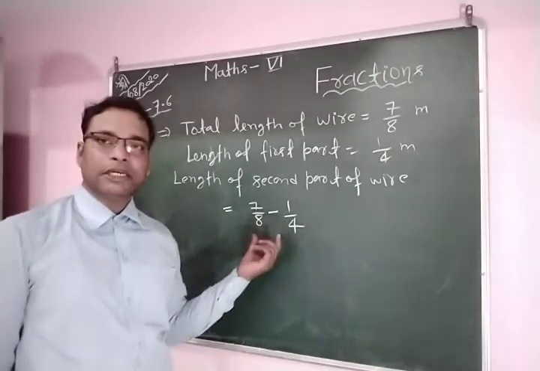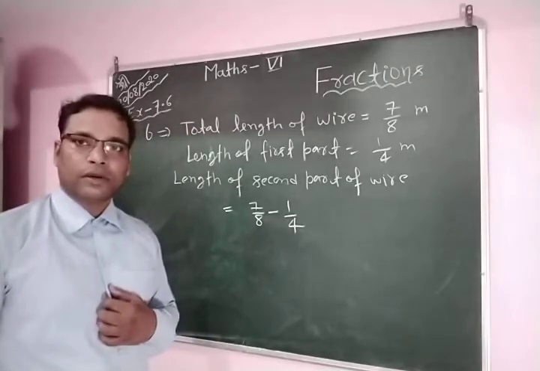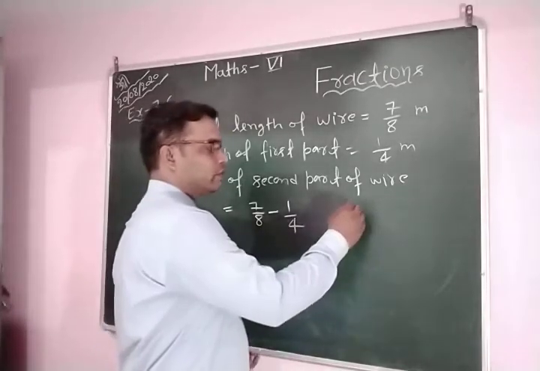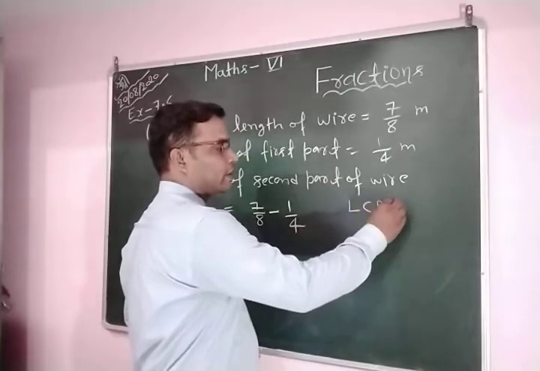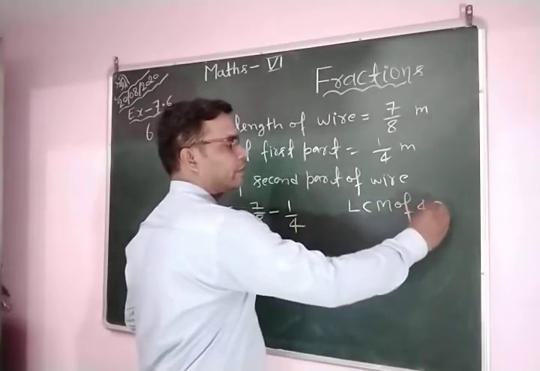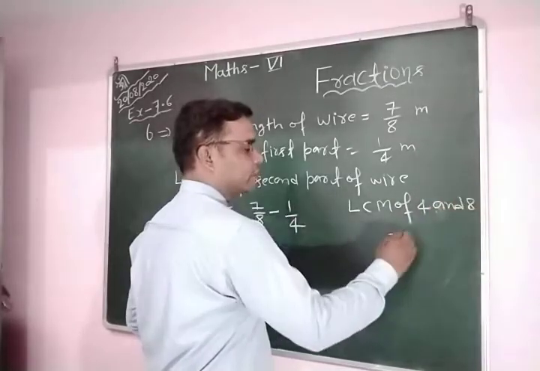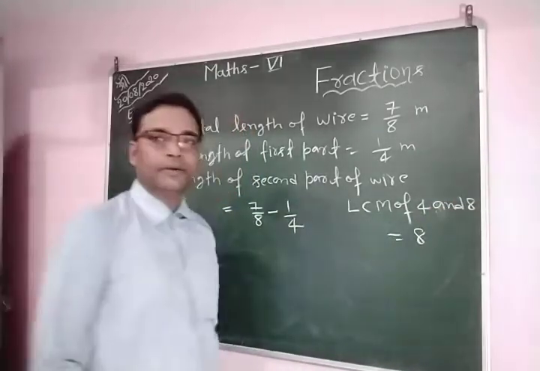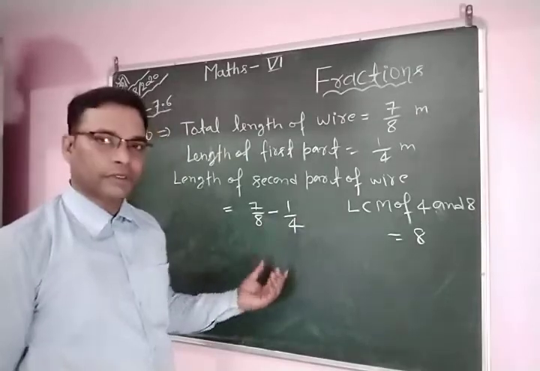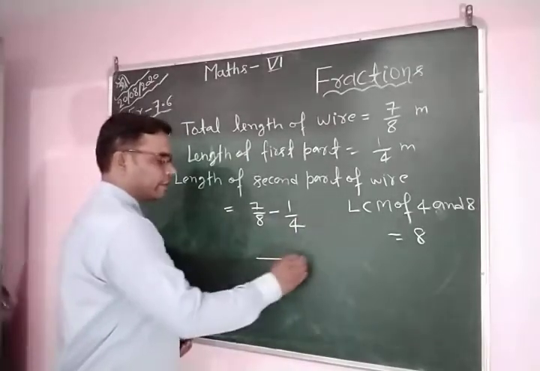So 8 is a multiple of 4. So LCM is equal to LCM of 4 and 8, which is equal to 8 because 8 is a multiple of 4. So LCM is equal to 8.